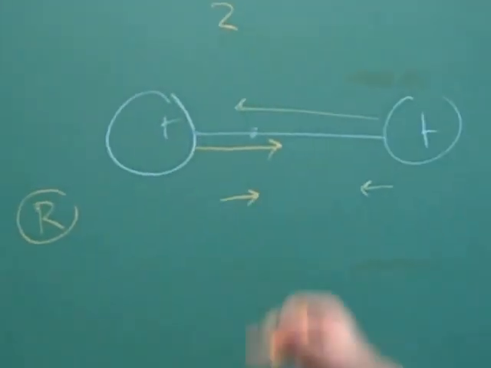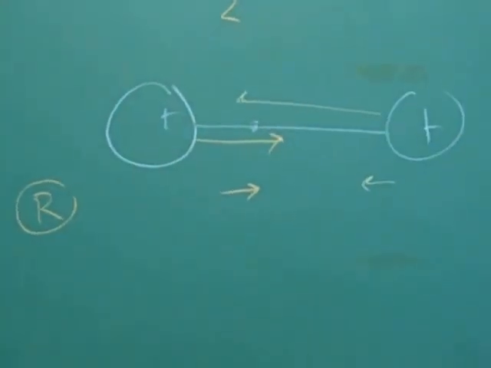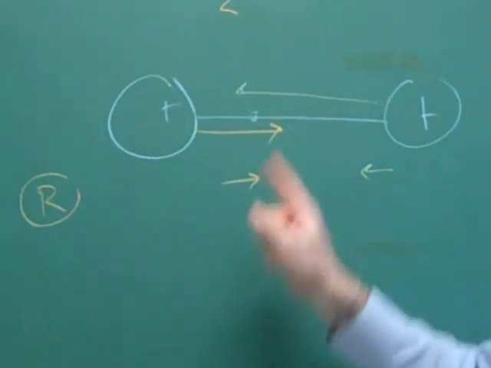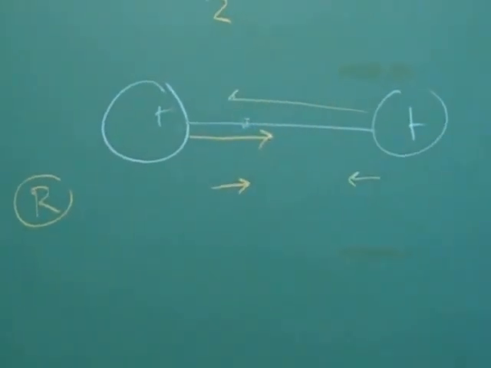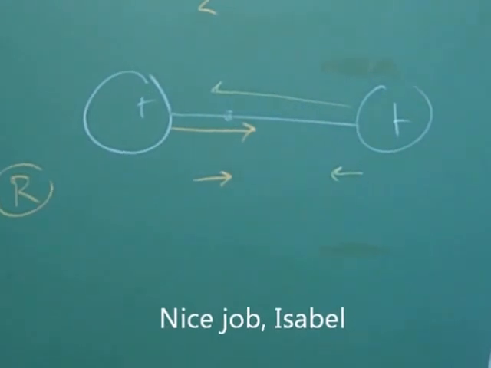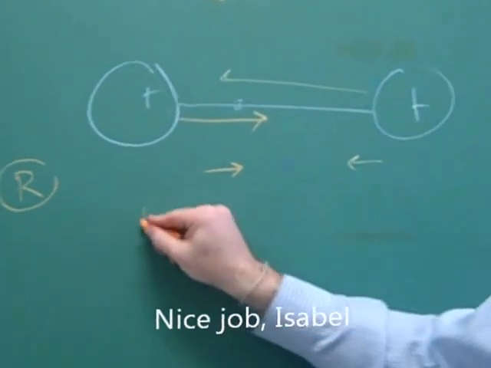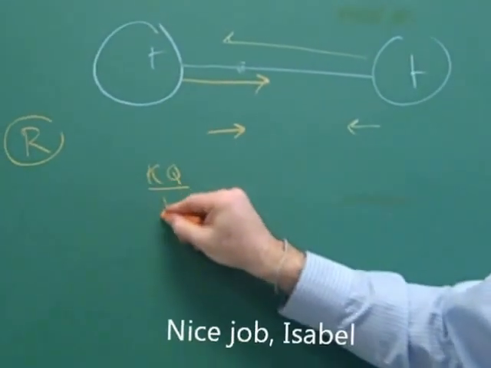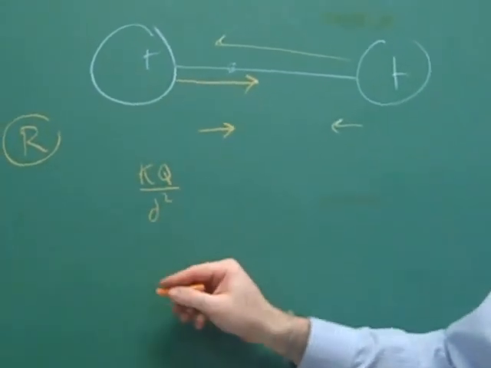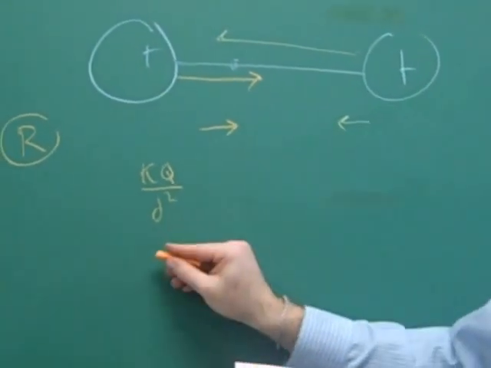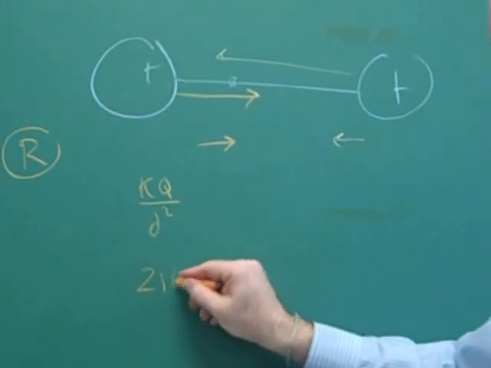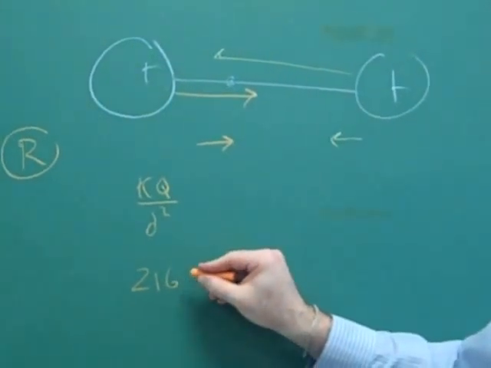There are 2 fields. Are these objects the test charge or the object charges for this point? Since they're making it, like the director just said, they're going to be the object charges. We're going to use this equation twice. Using the charges given, I'm going to find that the right one is 216 and like 5 zeros.